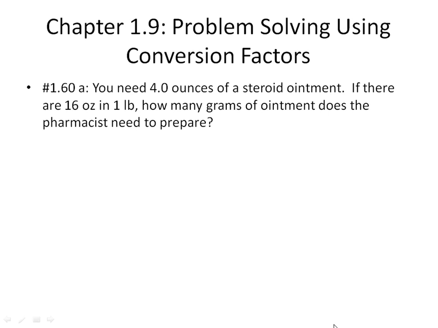The first thing you do is start with what you're given, so what we know here. We've got 4 ounces. So we know we're going to have ounces on the bottom as well.